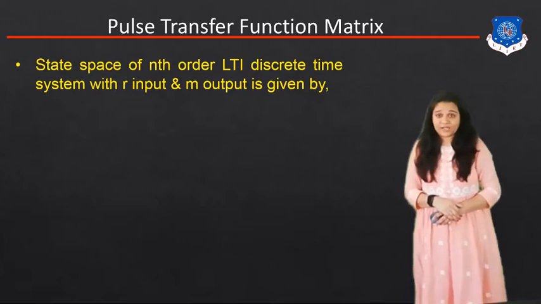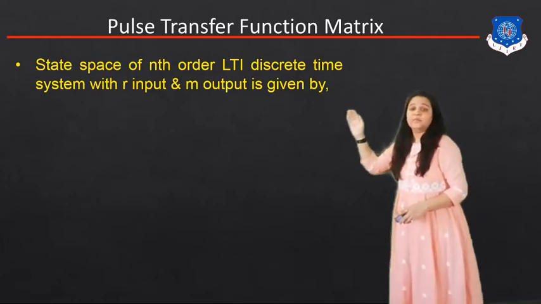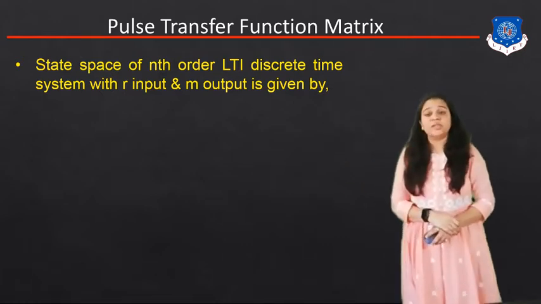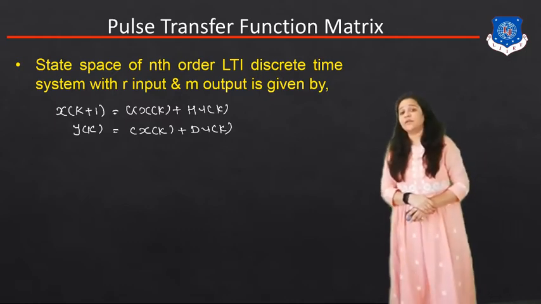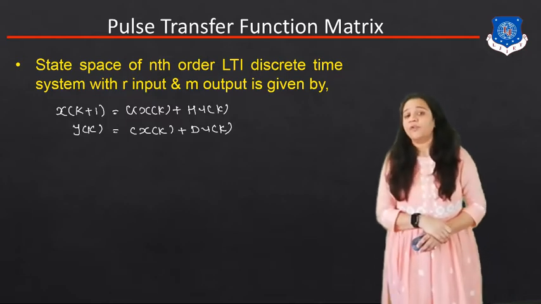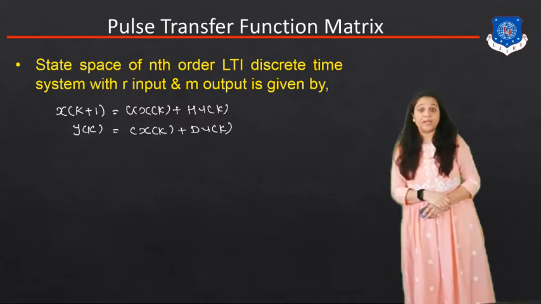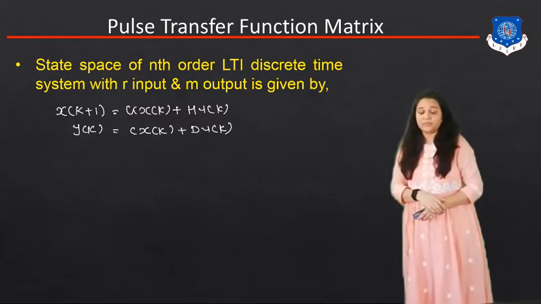In the state space of the nth order LTI discrete time system with r inputs and m outputs, it is given by x(k+1) = G x(k) + H u(k), and y(k) = C x(k) + D u(k). We proved this equation in the earlier session.